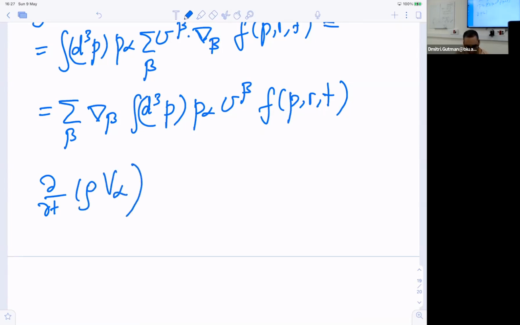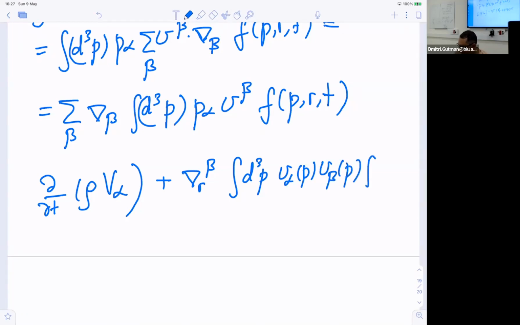We are looking at the alpha component of this equation, plus the gradient with respect to the beta component. And here will be an integral over d3p, V alpha sub p, V beta sub p, F of p, R and T, with a factor of mass.